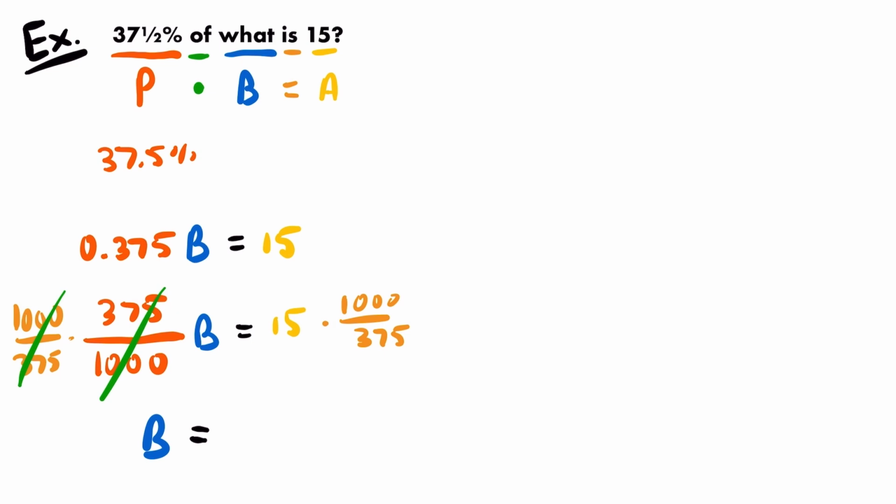But something to notice here is that 375 is divisible by 15, or one of its factors would be 15. Just to show you that that's true, if you take 375 and divide it by 15, you can't divide 15 into 3, but 15 into 37, it goes in 2 times because 15 times 2 is 30.